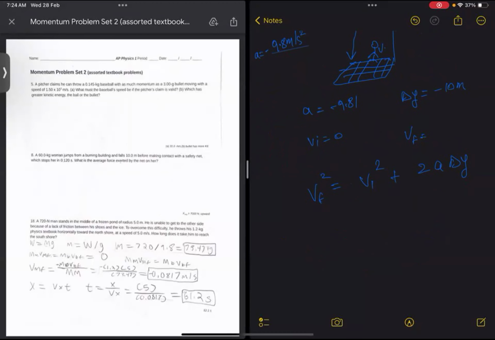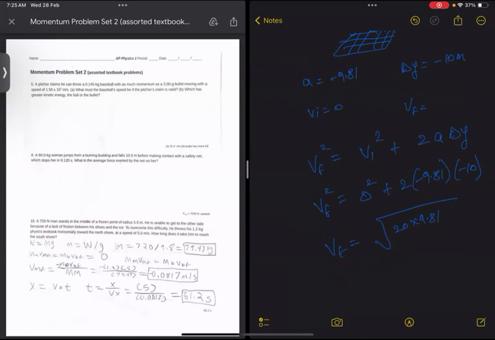So the final velocity when it has just struck the net is Vf squared equals 0 squared plus 2 times a, that is negative 9.81, multiplied by delta y, that is negative 10. So Vf equals the square root of 20 times 9.81.